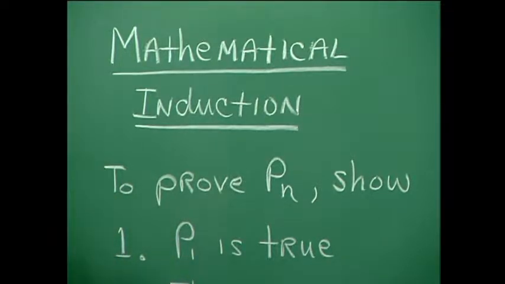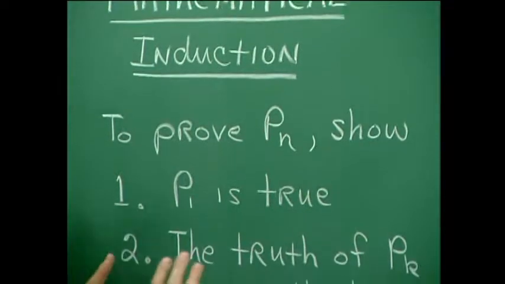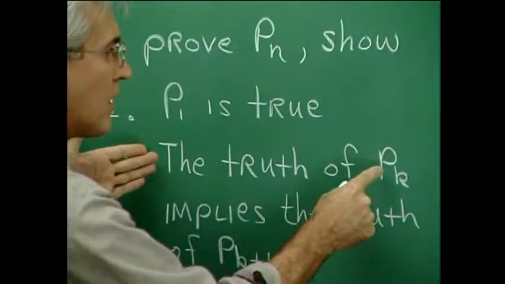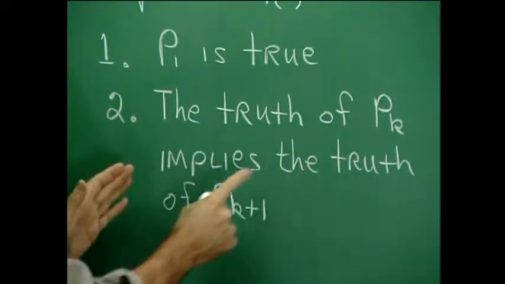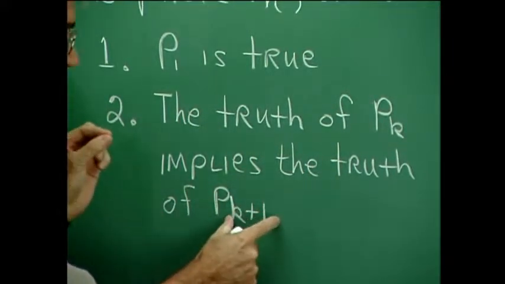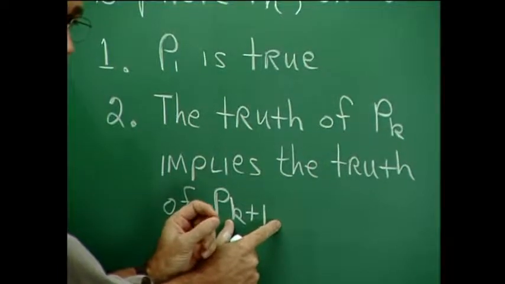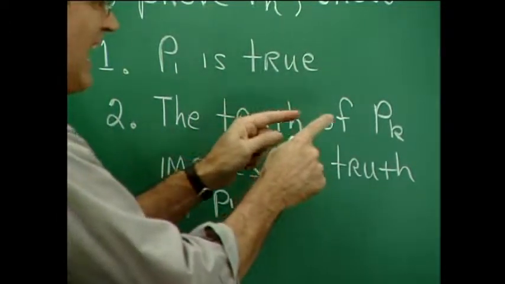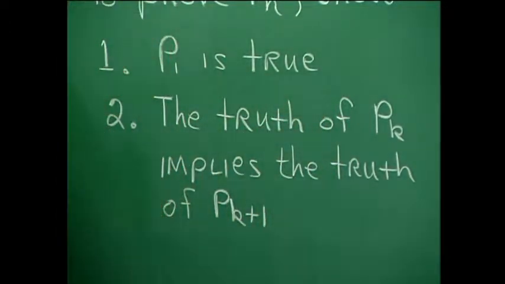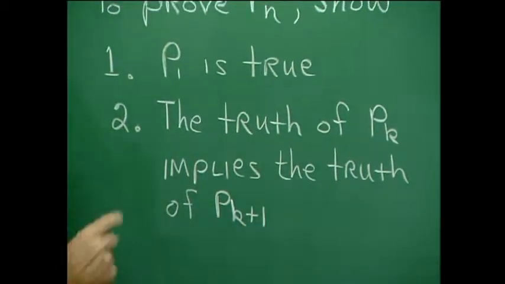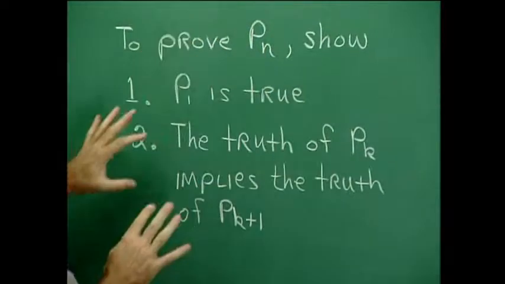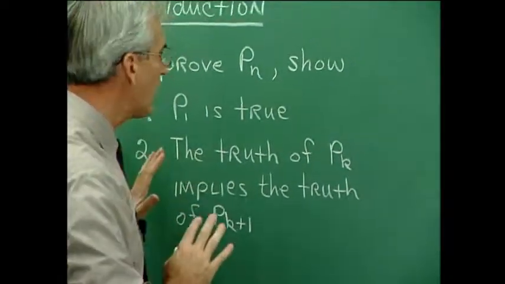And then, and here's the kicker, we need to show that the truth of the proposition for k items implies the truth of the proposition for k plus 1 items. That is, the truth of the kth item implies the truth of the k plus 1th item. Now, these 2 ideas together create a kind of a domino effect.